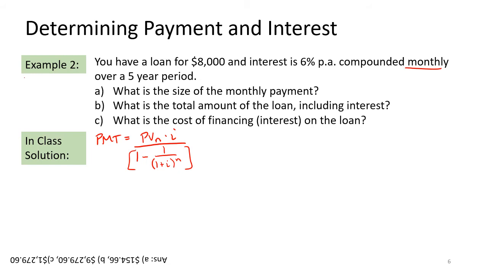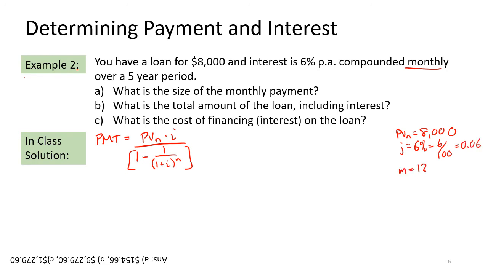Okay, so if we're trying to find each of the values for this, all right, I'm going to do a little sidebar here. Our present value for the loan is $8,000. Our nominal interest rate, J, is 6%, which is 6 divided by 100, removing the percentage sign, or 0.06.